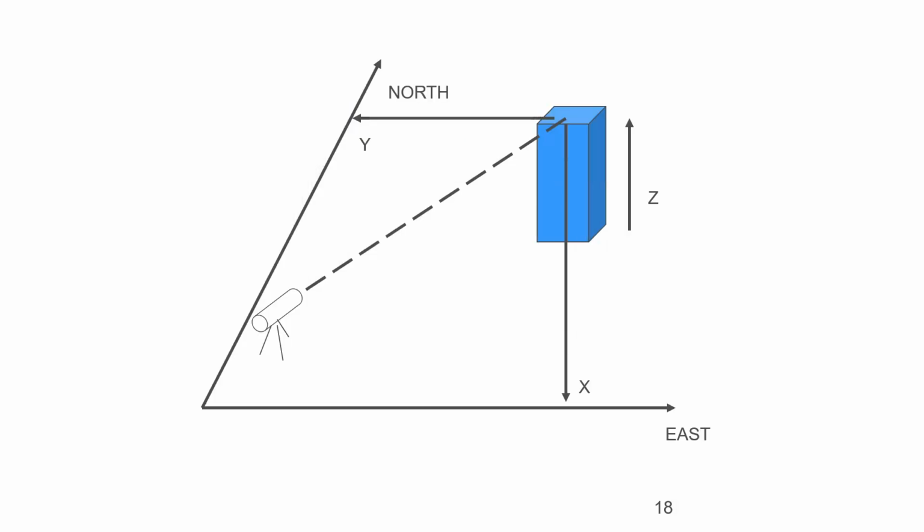Here you can see the principal schema of a total station. We can measure the angle and distance to the object and calculate the 3 coordinates of the reflector.